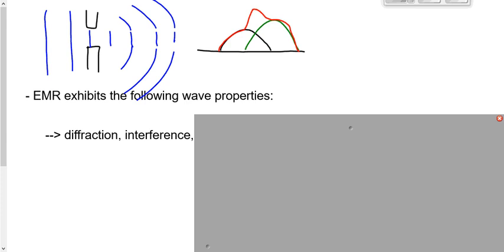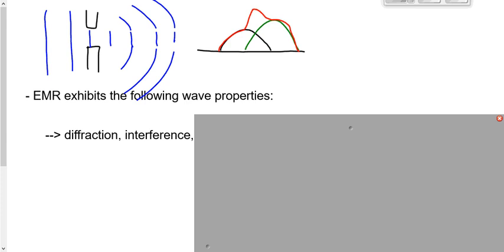Interference is a property of waves, but it's exhibited by EMR. If you have 2 beams of light and they intersect with each other, crest intersects with crest, then you end up getting a brighter light. Yes. If it's out of phase, yes. Probably. I'm not sure exactly what, but probably.